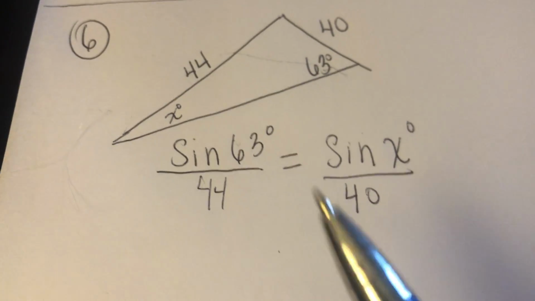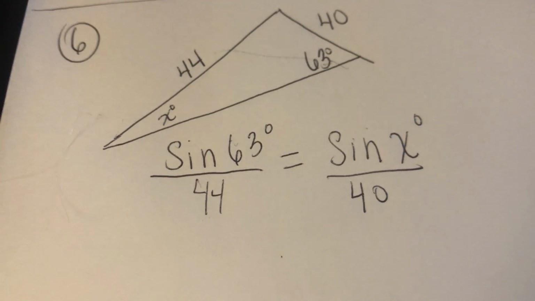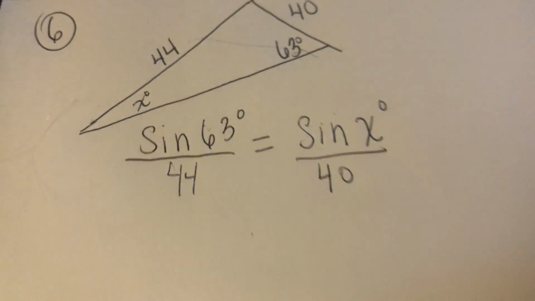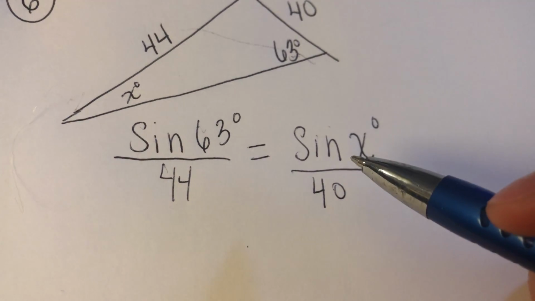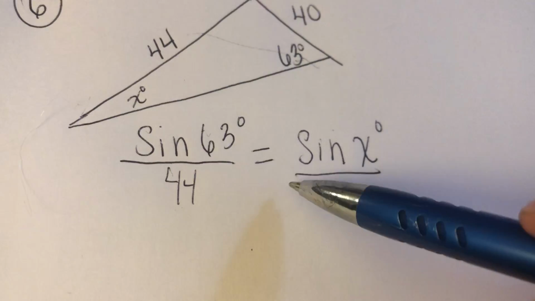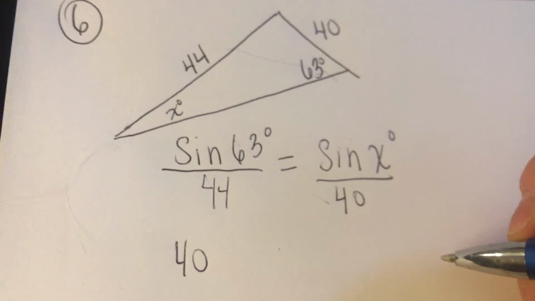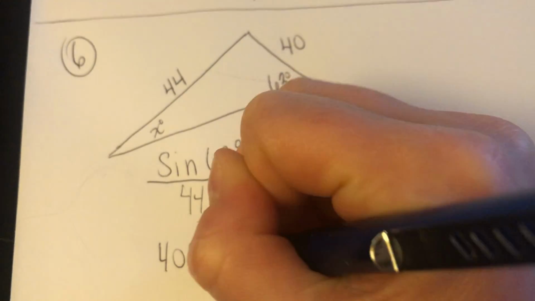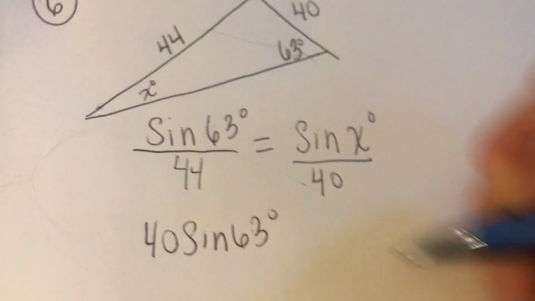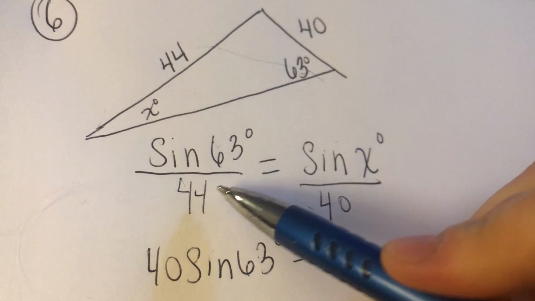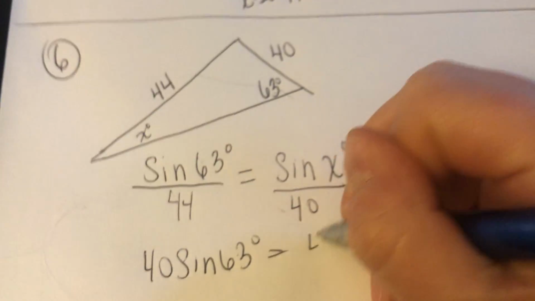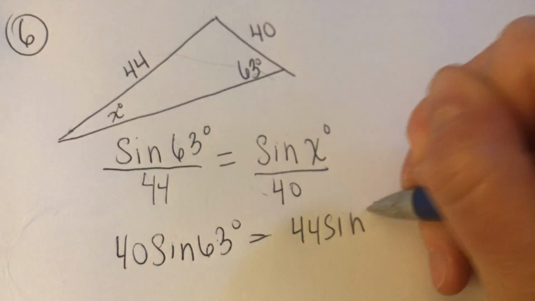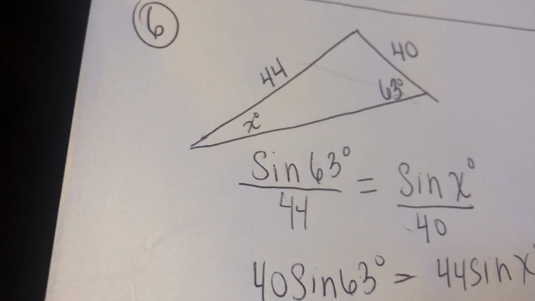Okay, so now I'm going to do my cross multiply. I'm not going to change this into a decimal. So I have 40 times the sine of 63 degrees equals, cross multiplying this way, 44 times the sine of x degrees.